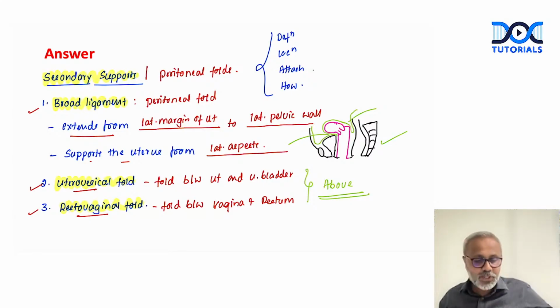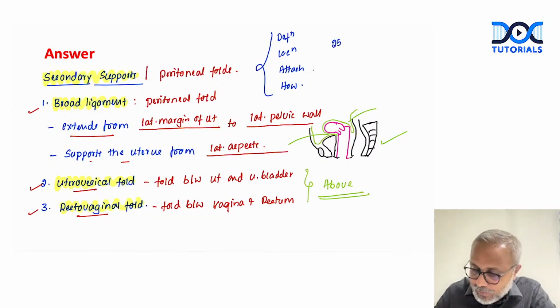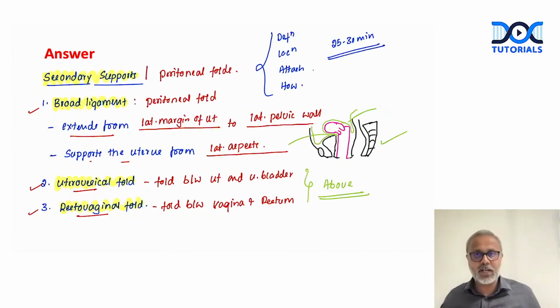Are we clear? This is how we should be writing the answer for the uterine supports. And you need to do this within, let's say, 25 to 30 minutes. It is quite possible. Never attempt a long essay beyond 25 to 30 minutes because you will lose time in answering other short essays.